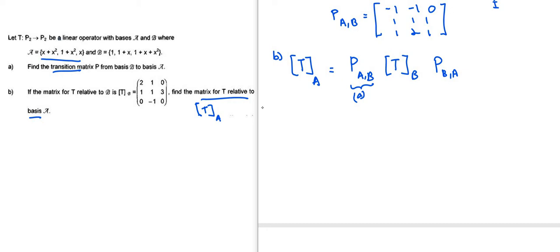Since the last part is from A to B, it is the opposite of P_AB, which means that it is the inverse of that, of from B to A. So before we find the matrix T relative to A, we need to find the inverse of the transition matrix first.